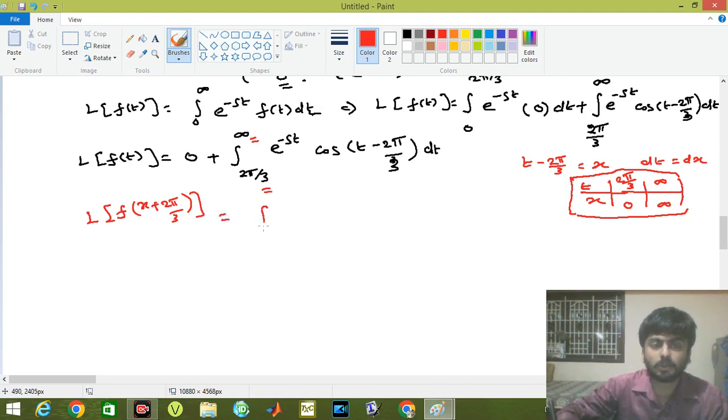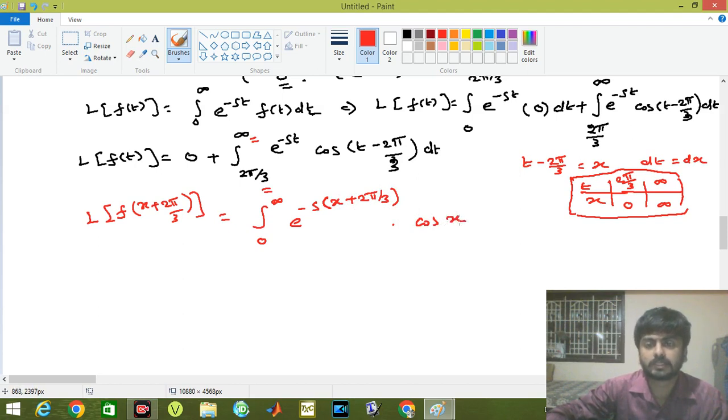Okay, that is equal to integral, see our lower limit becomes 0 and upper limit becomes infinity. E power of minus st will become e power of minus s into x plus 2 pi by 3, cos x, and dt will become dx.